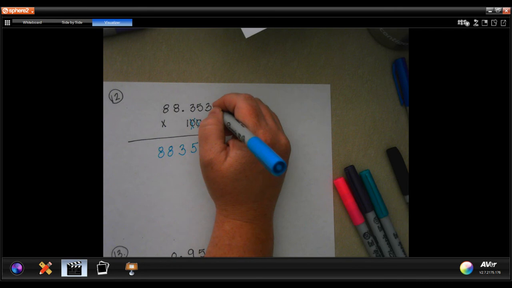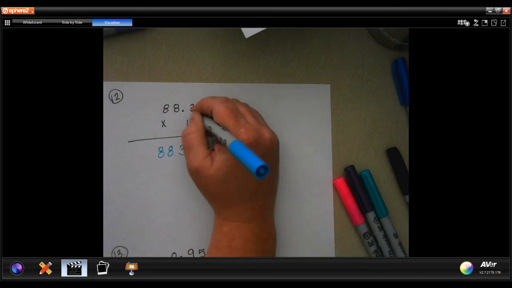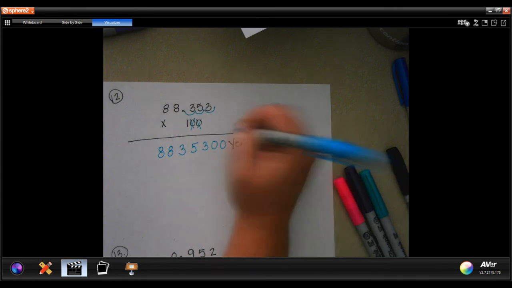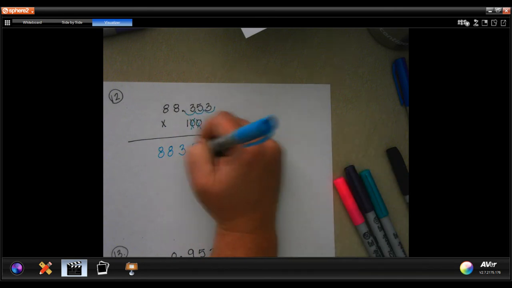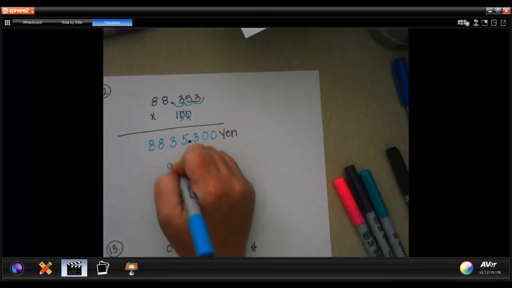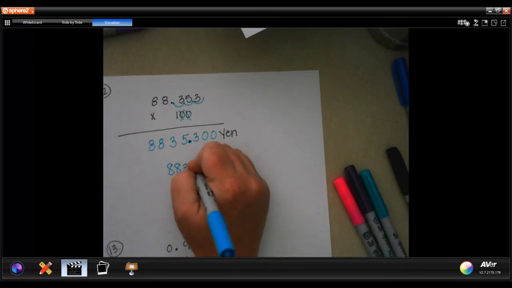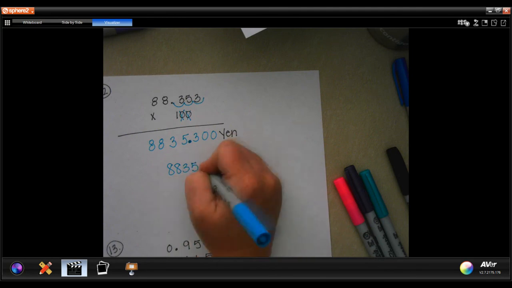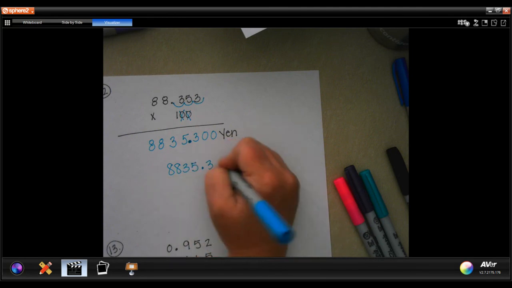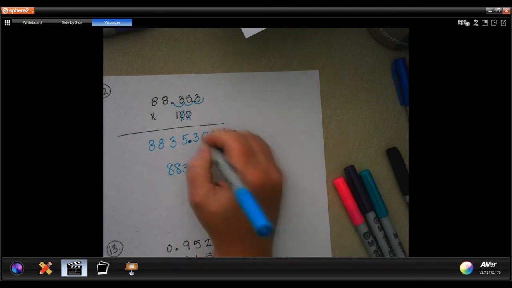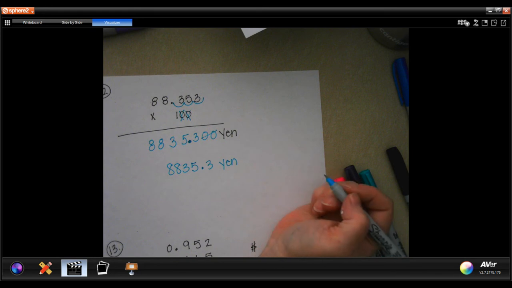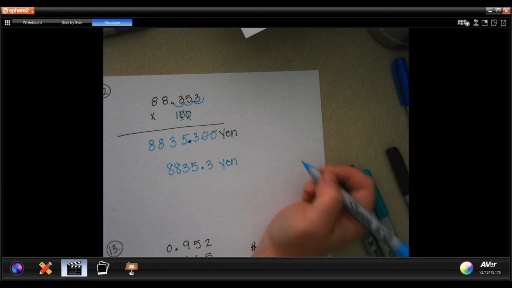Okay? So I went in 1, 2, 3 places. I need to go in 1, 2, 3 places. So I would have 8,035.3 yen. I don't have to put those two zeros on because it's after the decimal. Okay? All right.